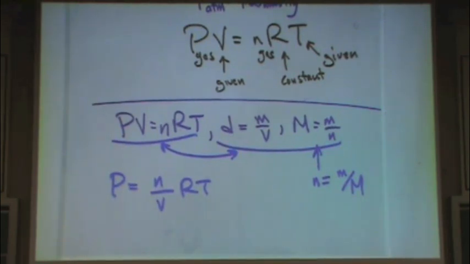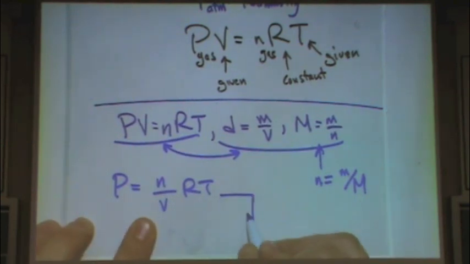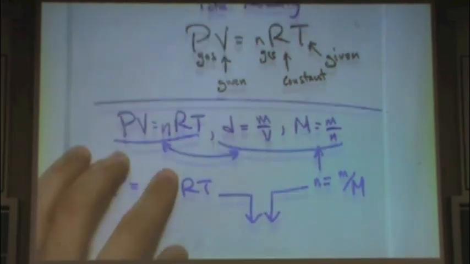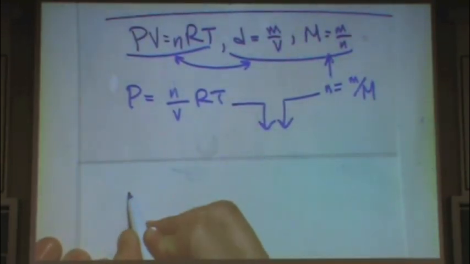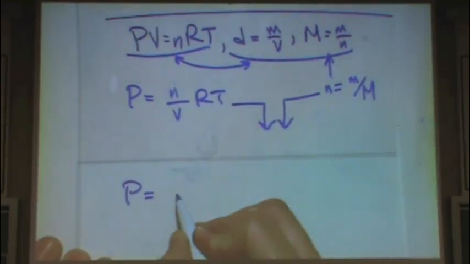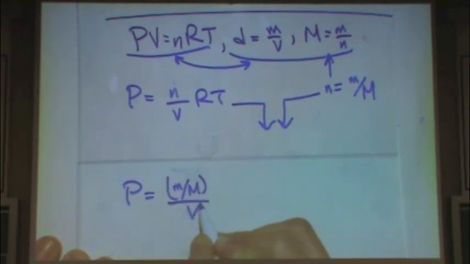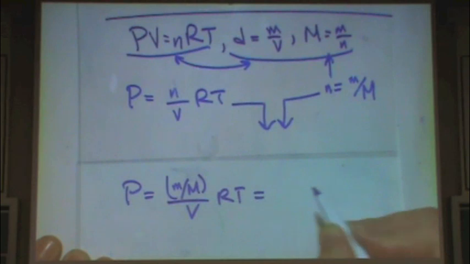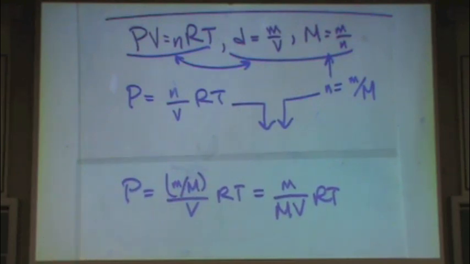Just doing a little cross multiplication. So I can substitute these two together. Let's go to the next page. So pressure is moles, mass over molar mass, over volume, RT, which is just a little simplification: mass over molar mass, volume, RT. Okay?